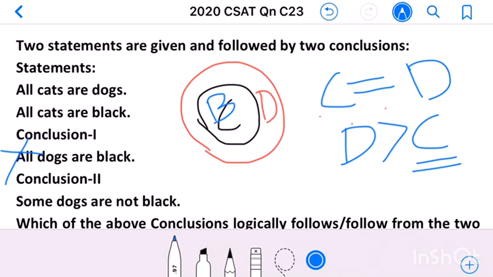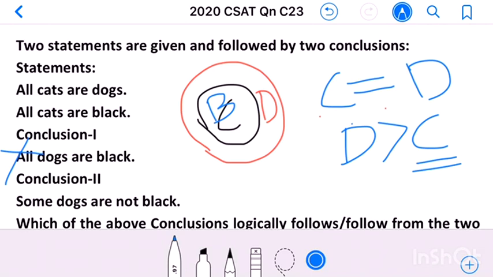Now let us see the second conclusion: some dogs are not black. If the number of cats equals the number of dogs, and cats are black, that means all dogs are also black. Then we can't say some dogs are not black.